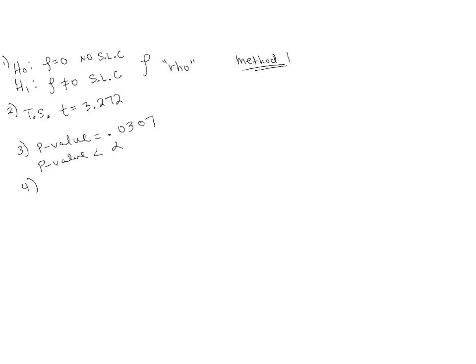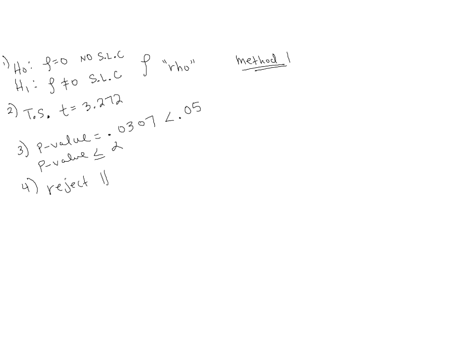And I don't think I gave you alpha. So anytime I do not give you alpha, then you assume it's 0.05. Okay, so if p-value is less than or equal to alpha, you reject, and that seems to be the case here. P-value is definitely less than 0.05.